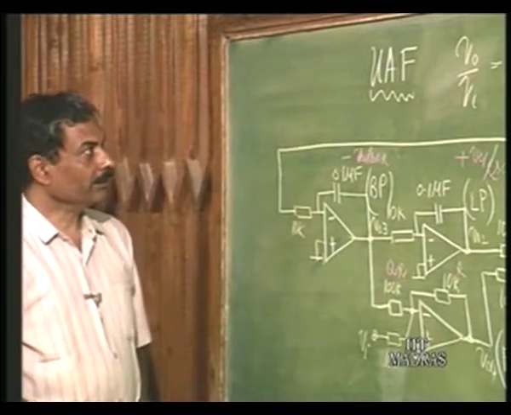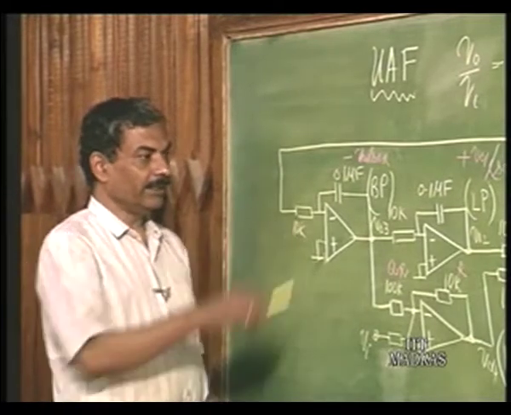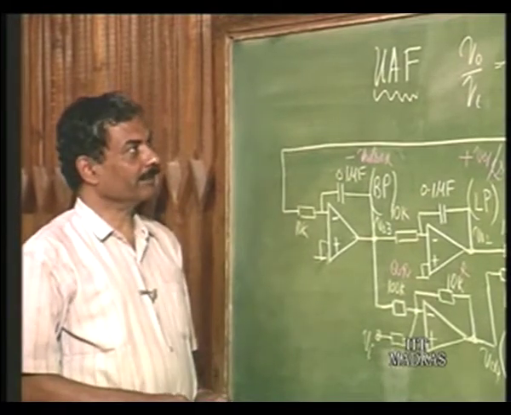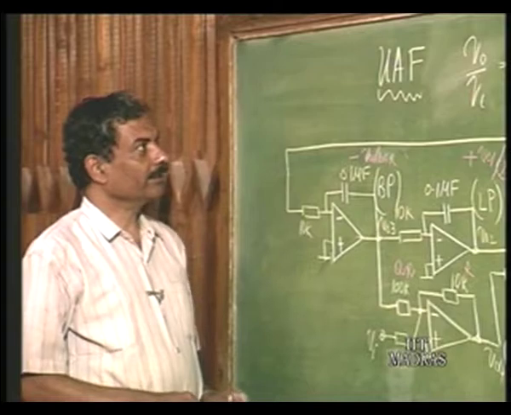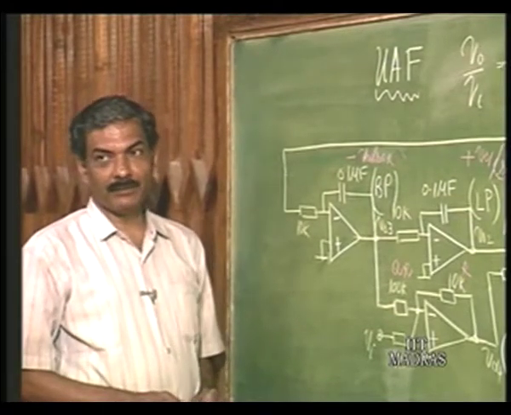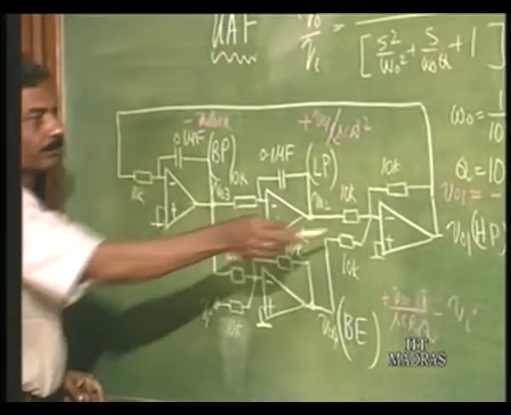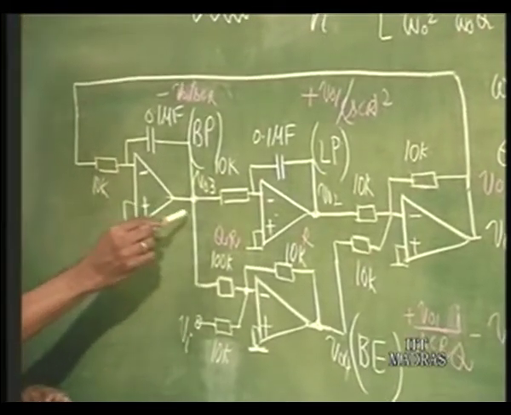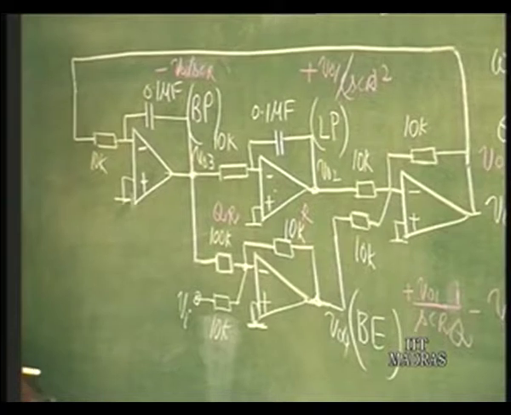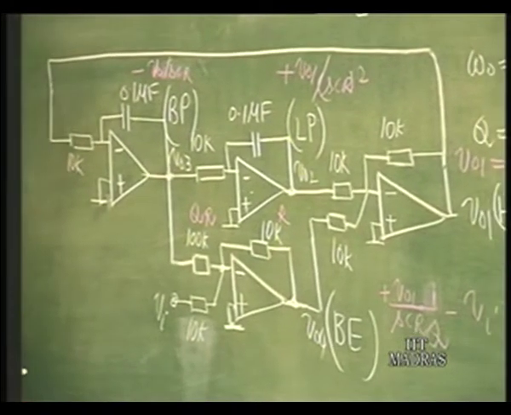We now go into another filter which is a very important block, which I have also explained as a universal active filter, which uses two integrators in a loop. It is also called double integrator loop or biquad, KHN network it is called.